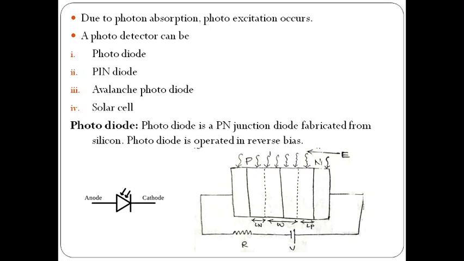So we cannot get the more current. We cannot identify the current due to the light intensity or light falling on the junction. In forward bias, we know the current is in milliamperes. To get the current due to the light intensity, we are connecting that photodiode in reverse bias. If I am connecting a forward bias, then what happens?